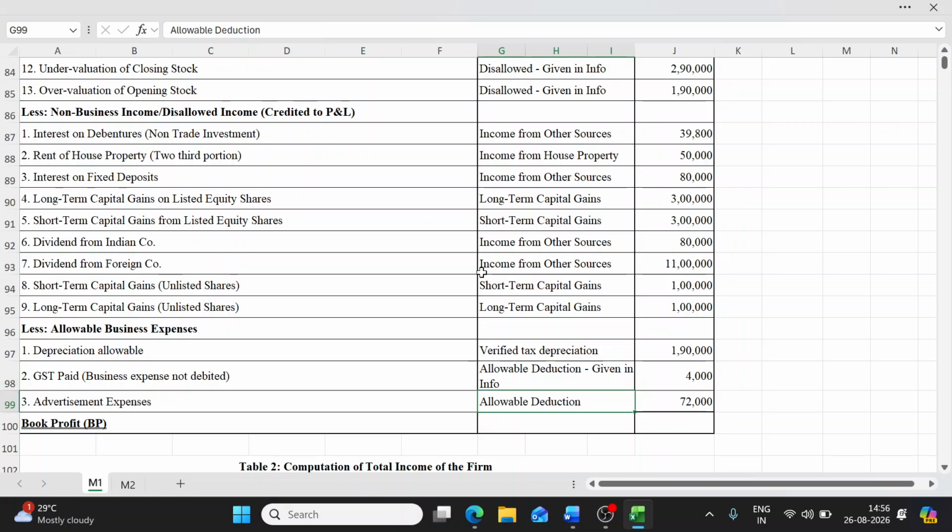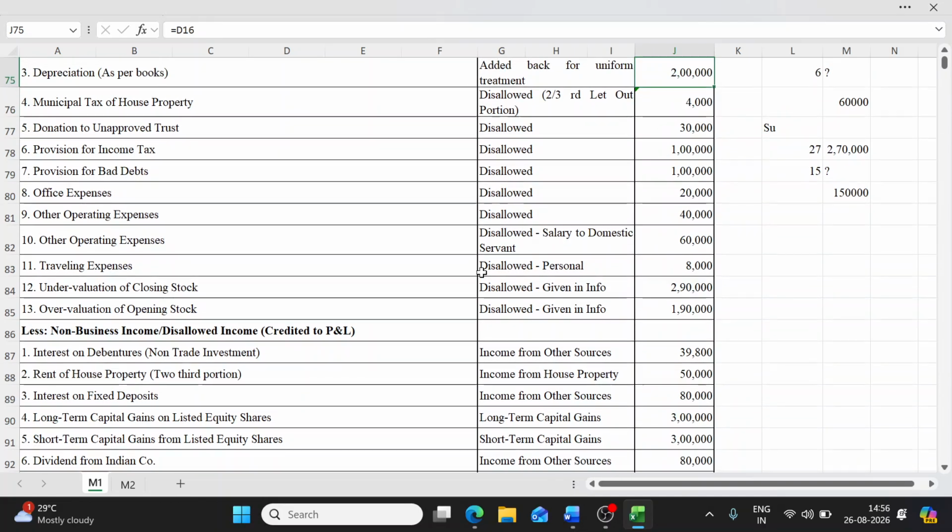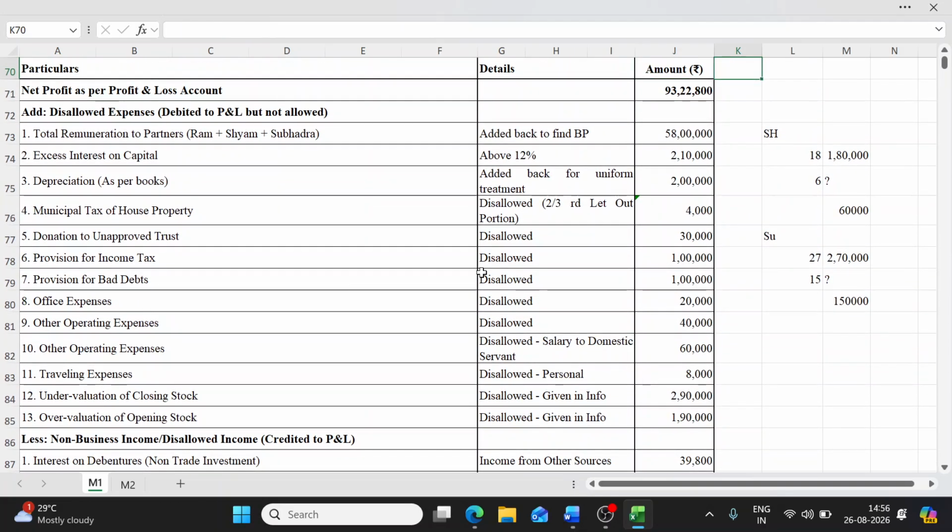Okay, now let's find out the book profit. Now how to find it out? It is very simple. First of all, in the amount of net profit, add all these disallowed expenses. So in 93 lakh 22,800, add all disallowed expenses, from 50 lakh to 1 lakh 90,000.